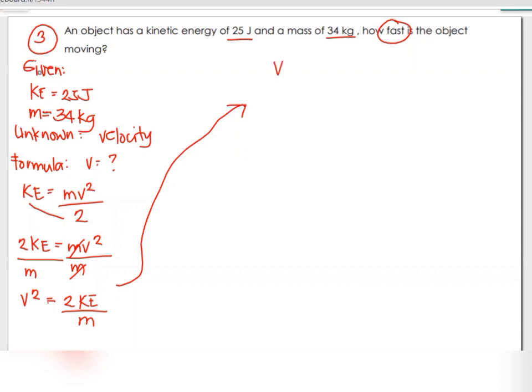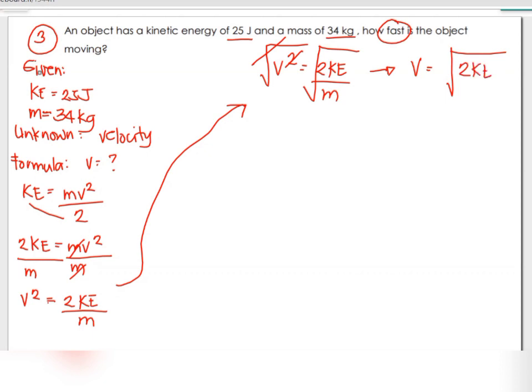Okay. So yung V squared equals 2KE divided by M. Kukunin natin class yung square root. Ayan. So that this will be cancelled. Then rewrite natin, velocity equals the square root of 2KE divided by M. Okay?